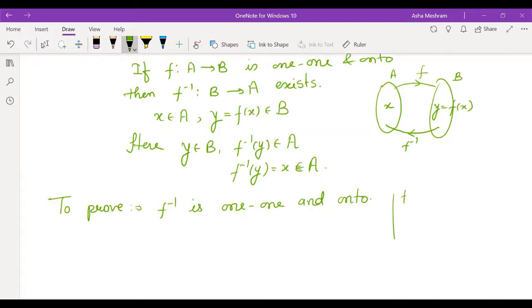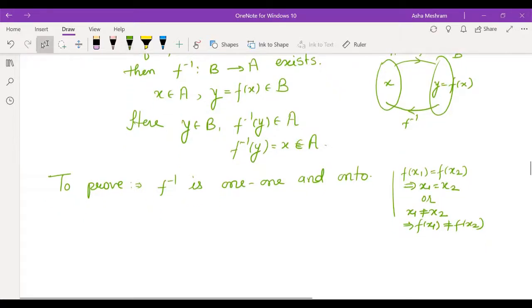We say function f is 1 1 when f of x1 is equal to f of x2, that is, if images are equal, then their corresponding elements are also equal. Or if elements are not equal, then their images are also not equal. These two definitions we have seen while discussing the definition of 1 1.